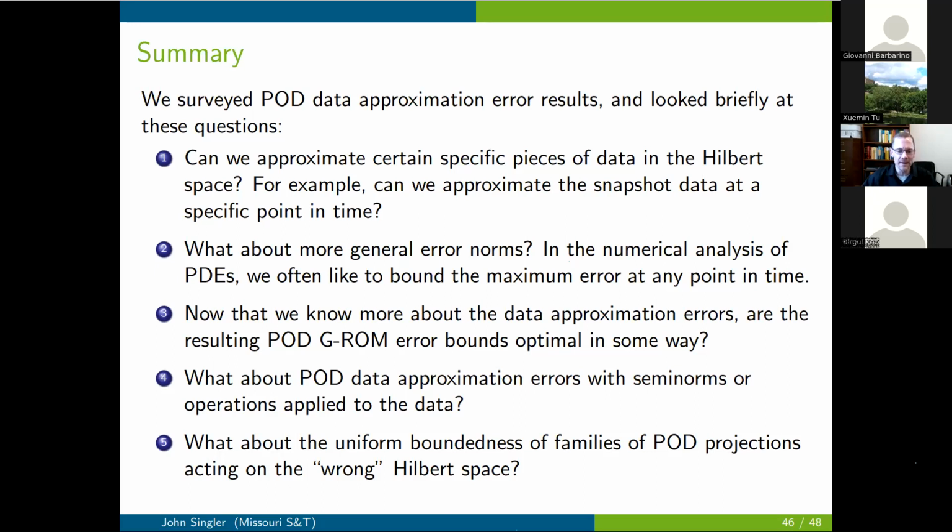Yes, we can do that. And again, the uniform boundedness of these POD projections acting on the wrong Hilbert space came up again when we looked at the optimality of these POD error bounds, even when we had difference quotients. So we still could not get rid of those. They still come up.